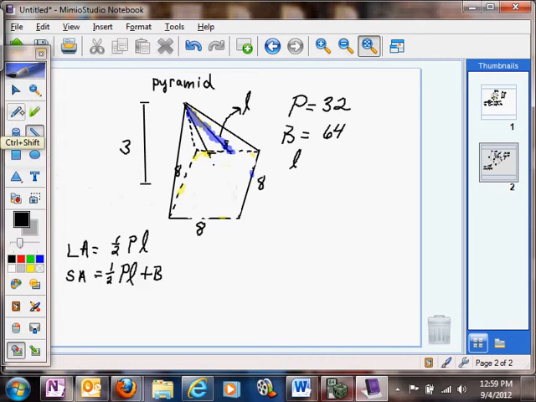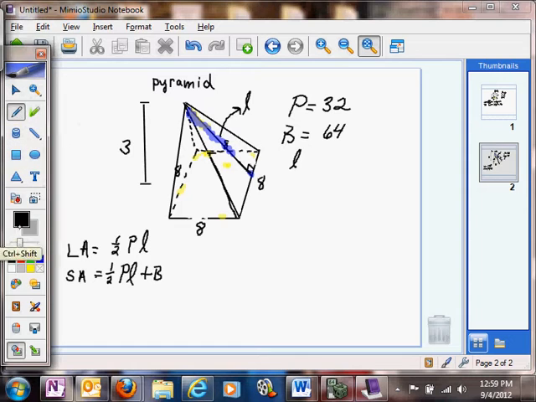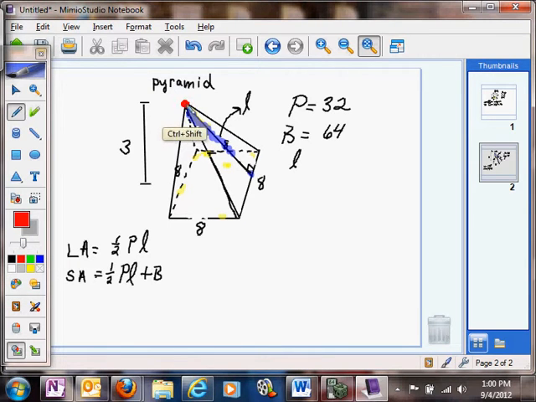What we have to do here is envision, if I look at the top and imagine the center of my base, I could make another triangle.